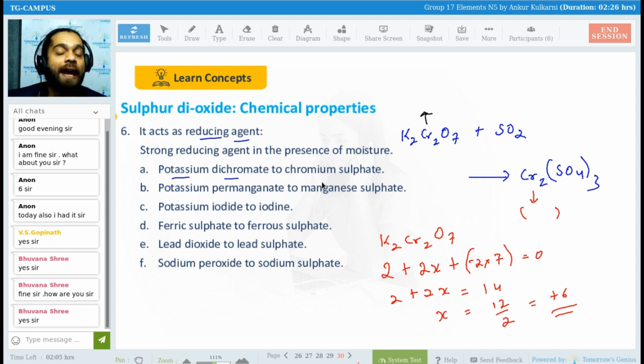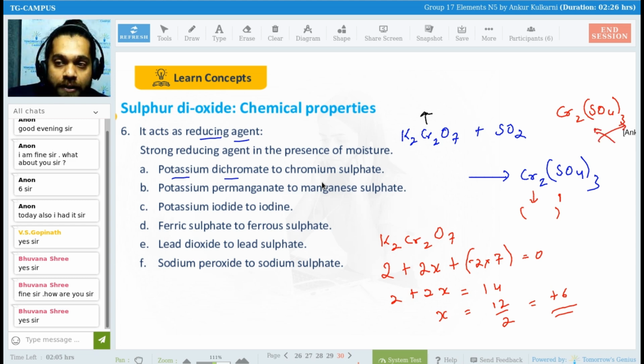See, you do not have to calculate it for the Cr2(SO4)3. SO4 is -2. It is like an ionic compound, Prashanti. You do not have to calculate with taking x. So you have chromium 2 SO4 thrice. If I dissociate this, it will go like this. How many Cr do I have?